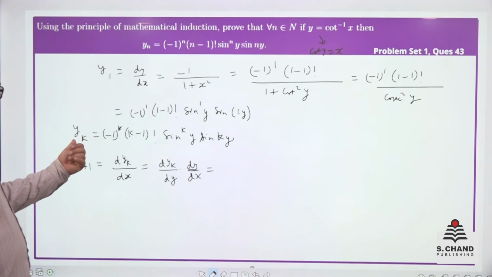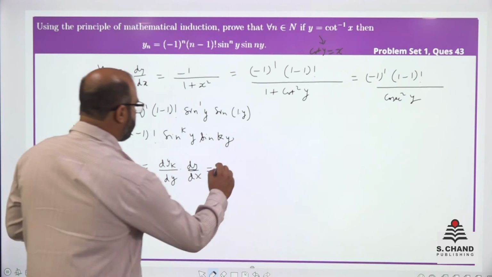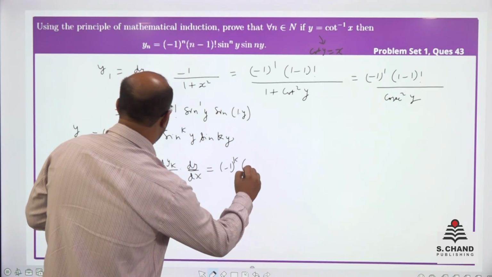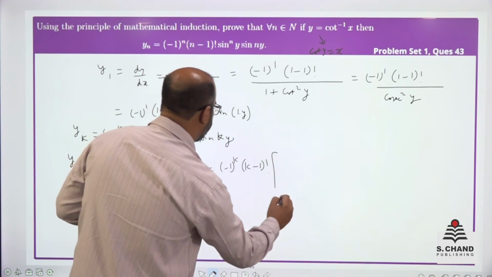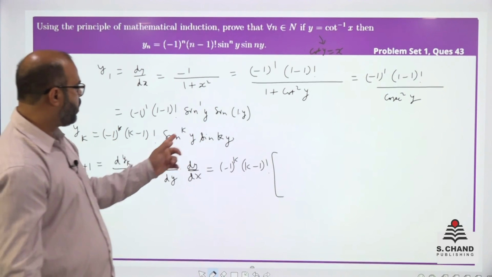This first portion is clear: (−1)^k is outside, it is constant, (k−1)! is outside, it is constant, and we take the derivative of the rest with respect to y, using the product rule.